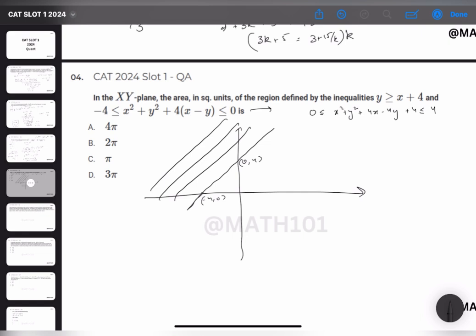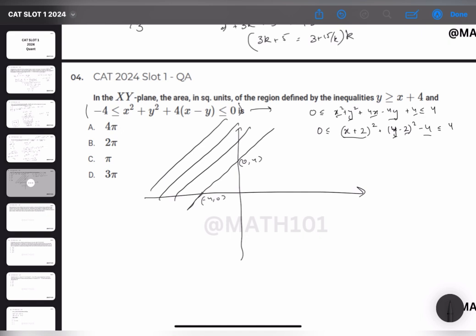I added 4 on this whole inequality, giving 0 greater than or equal to (x plus 2) square plus (y minus 2) square minus 4 less than or equal to 4, because this is x square plus 4x plus 4, this is y square minus 4y plus 4, and that minus 4 will cancel this out.